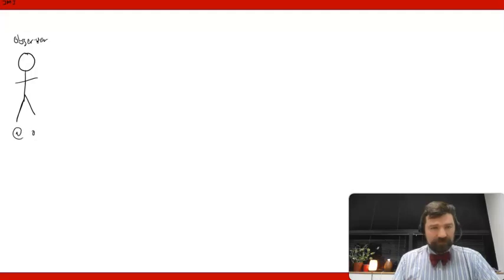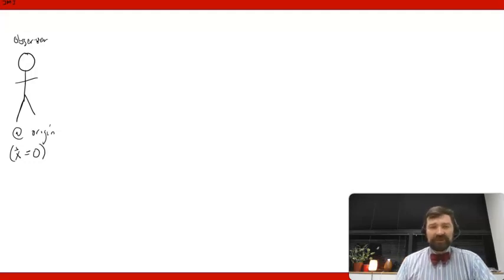So let's do a conceptual example of this. Let's say that I have an observer standing over here somewhere watching everything. So observer at origin, and this origin is equivalent to x equals 0.